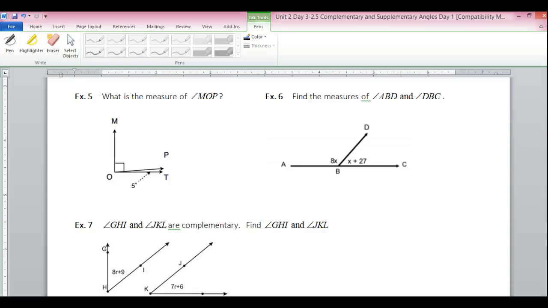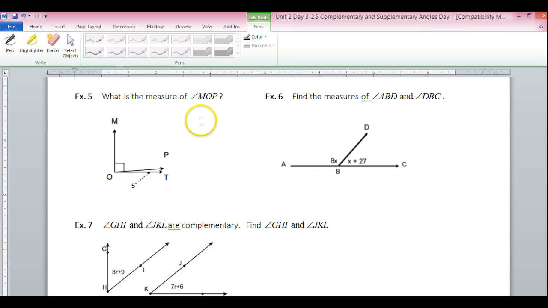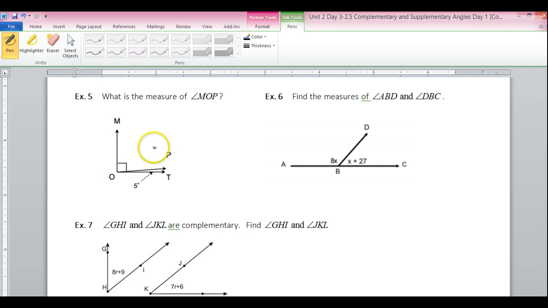So let's look at example 5. What is the measure of angle MOP? Well, angle MOP plus angle MOT should add up to 90 degrees, because this box here tells us that's a 90-degree angle.